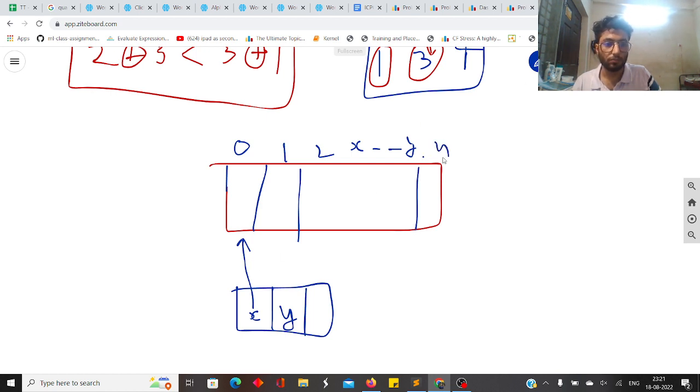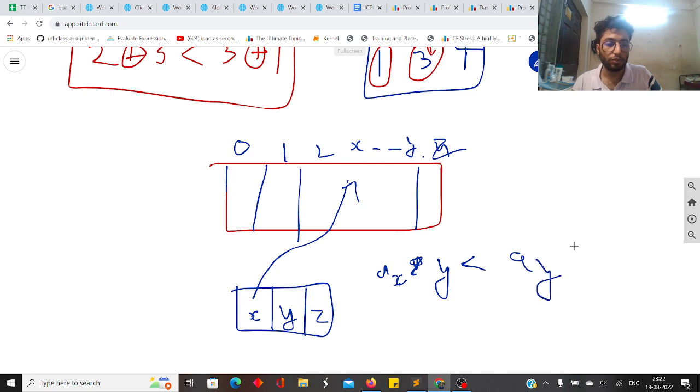So let me erase it. Let me say this is z, and the array b is a subsequence, so it's always increasing. What the problem statement is saying is that you take a_x, XOR it with y, and this should be less than a_y XORed with x.